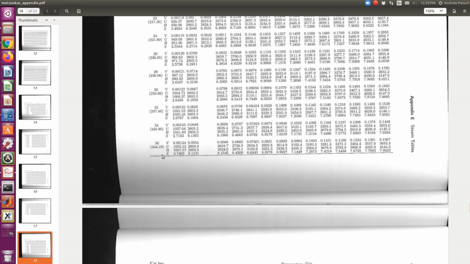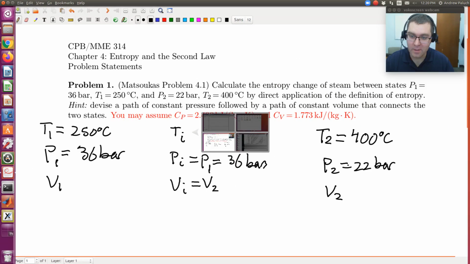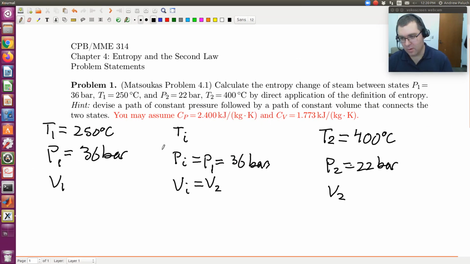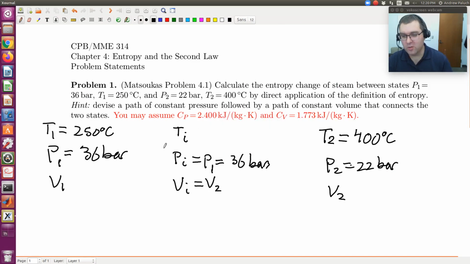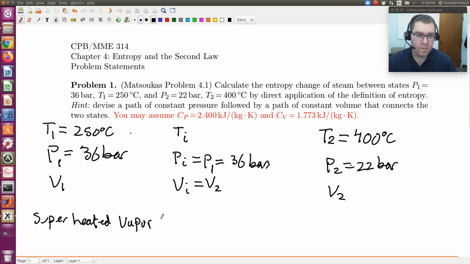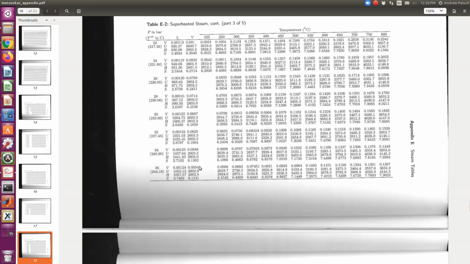And we find at 36 bar, our saturation temperature is 244.19 degrees C. Since our temperature of 250 degrees C is greater than the saturation temperature of 244.19, that tells me that I have a superheated vapor. And we'll get V here in a second.